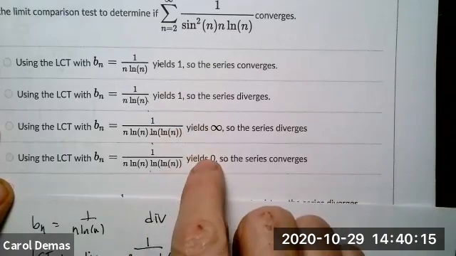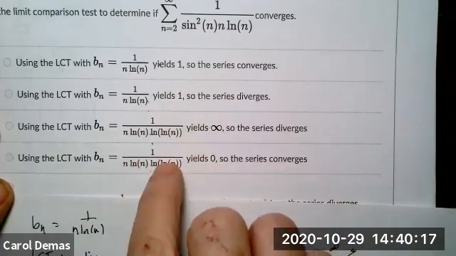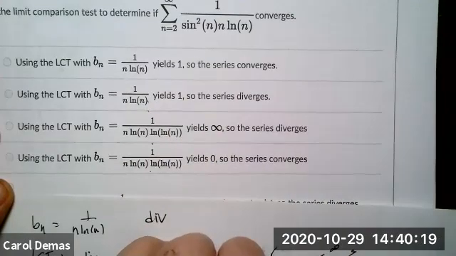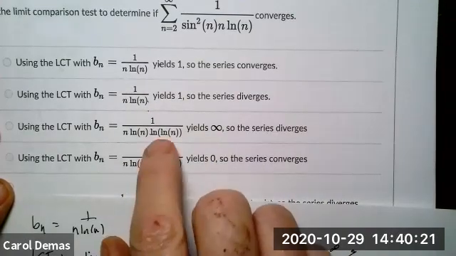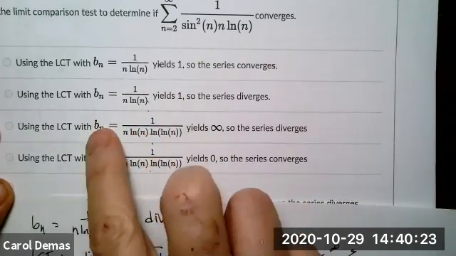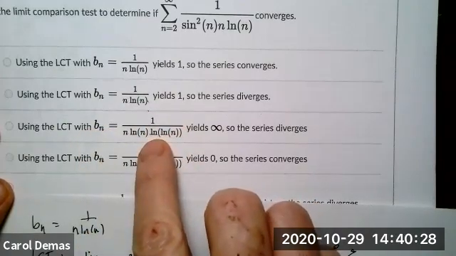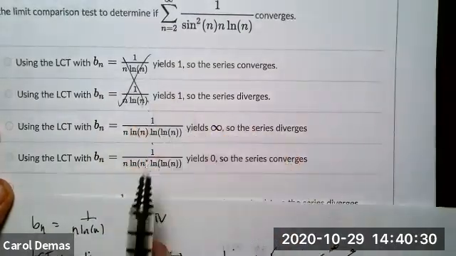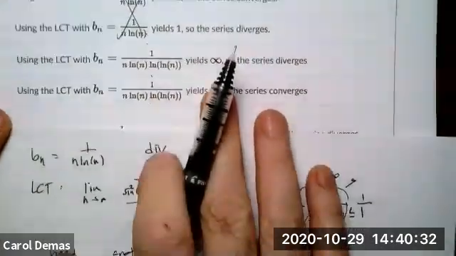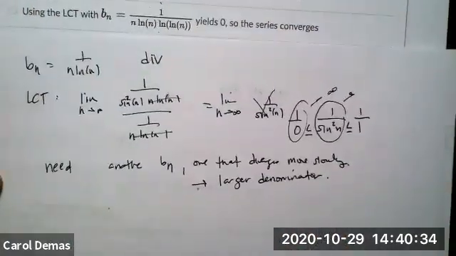So we're going to use the one that he gave us. I had a couple of questions on the discussion board: why are we using this? That's not what the question is asking. He's trying to make it easy on you by giving you a b sub n. We already know that this one will not work. So we're going to do limit comparison again.